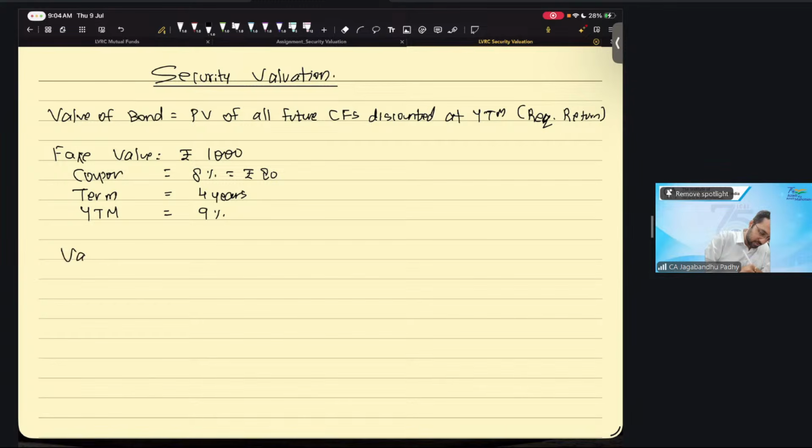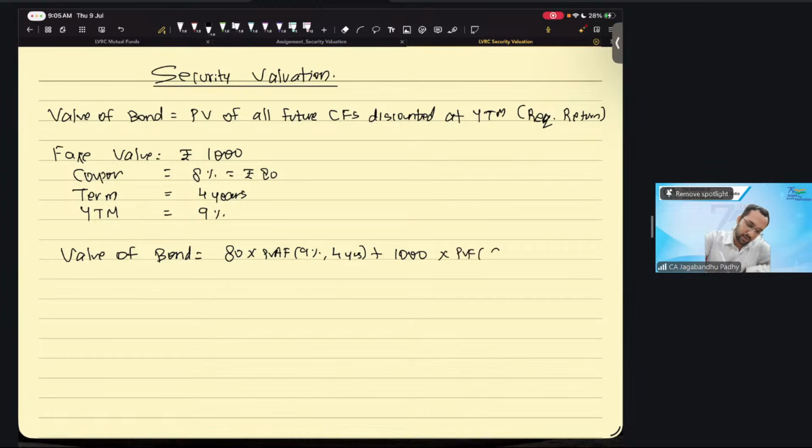So the value of the bond is going to be equal to coupon, which is 80, into the present value annuity factor at 9% for 4 years, plus the redemption value, which is 1000.